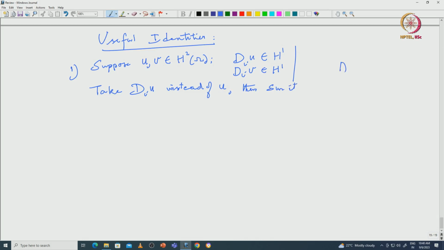Because what is the summation of di of di u? It is nothing but your Laplacian of u. So you will have the integral of Laplacian of u times v over omega.